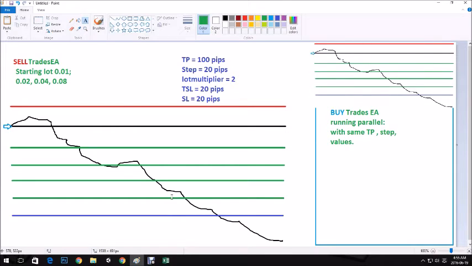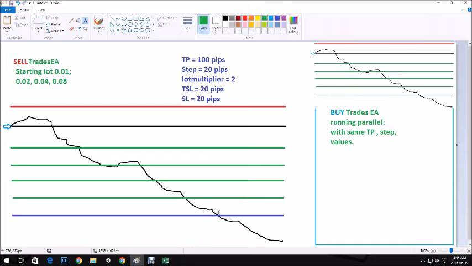Okay, because it is a 20 pips trailing stop for all of these trades, it will be at this level. So if we reach the target for our first trade, we will be no longer in loss.